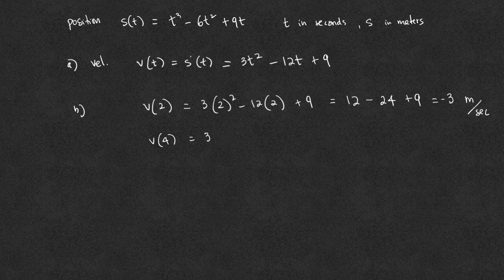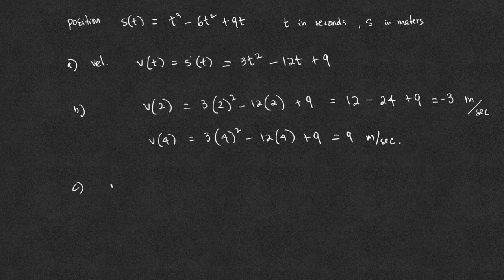We plug 4 into the velocity function, which is the derivative of the position. Then evaluate this. We get 9, and the unit is still meters per second. That is, after 4 seconds, the velocity is positive 9 meters per second.